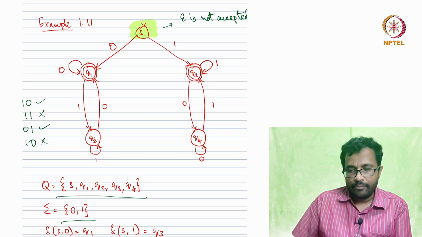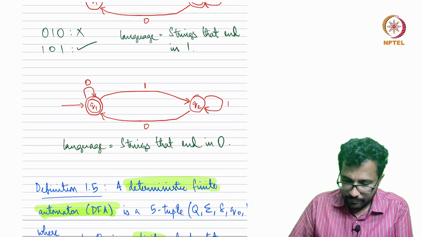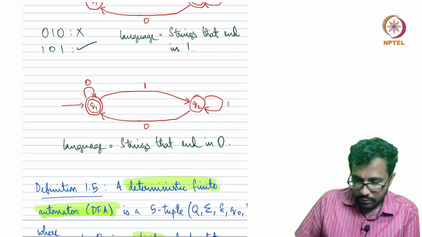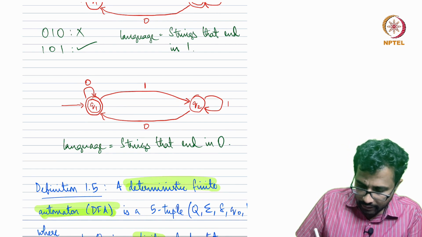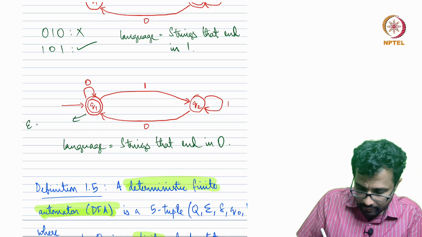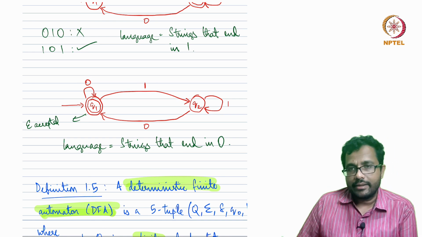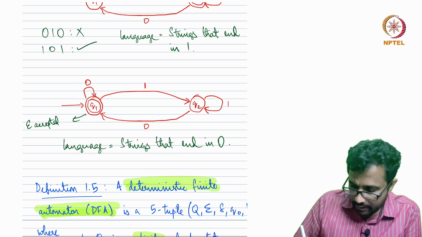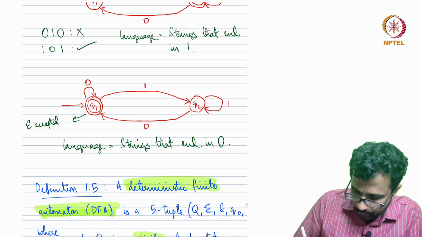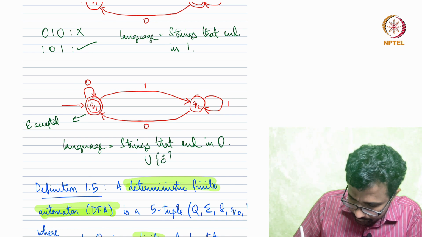I am just saying this. We can go back and check a couple of other DFAs also. Here the empty string is in the language, because the starting state is where the empty string ends. So the language here is the strings that end in 0 union the empty string.